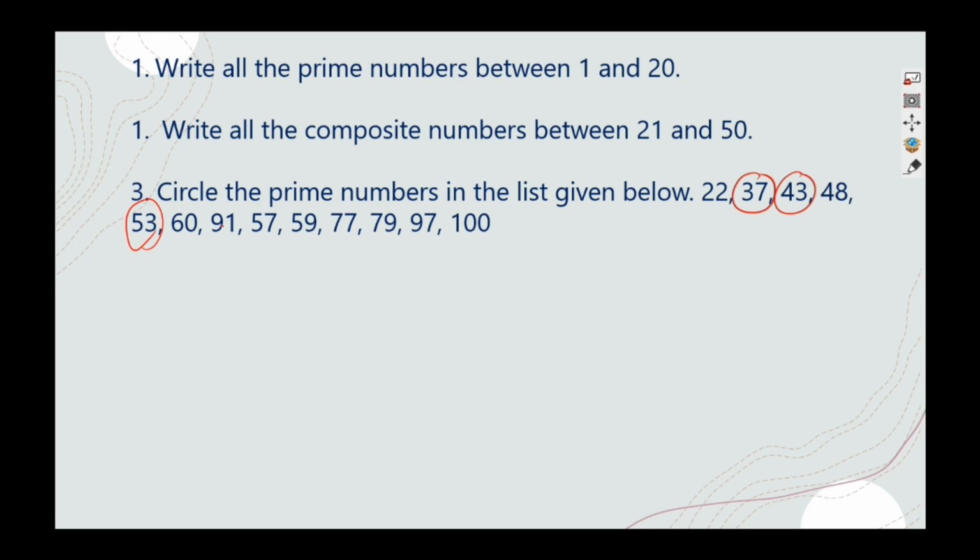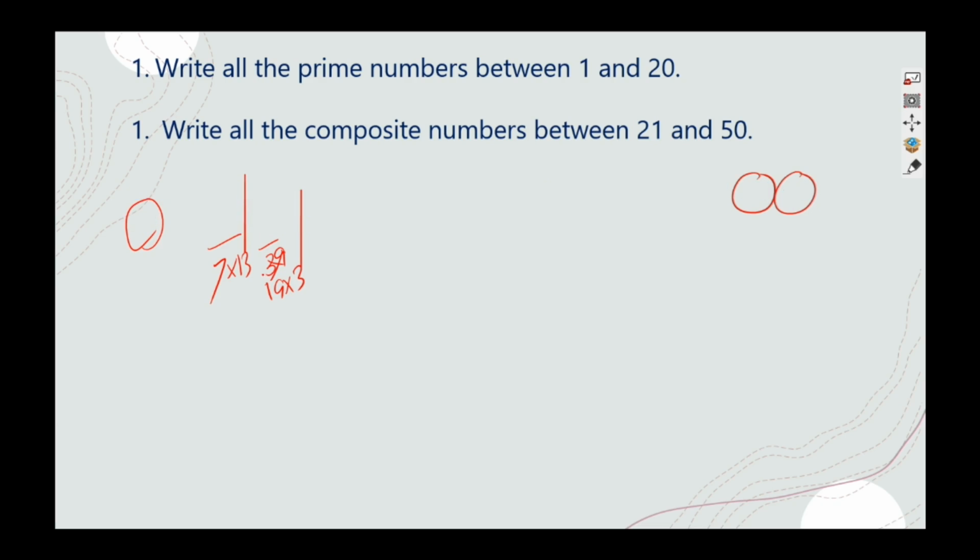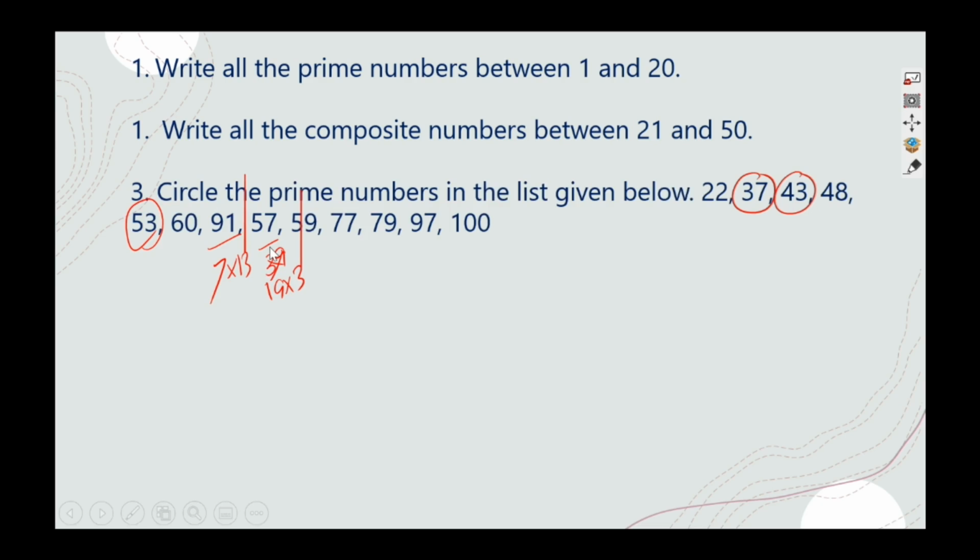You are having 53 here. 91 can be divided by 7, 13 into 7. 57 also can be divided by 3, it can be divided by 3 in such a way that 19 into 3. Okay, so 57 is also not a prime number because 57 can be divided by 3.